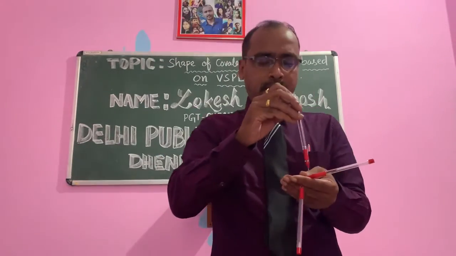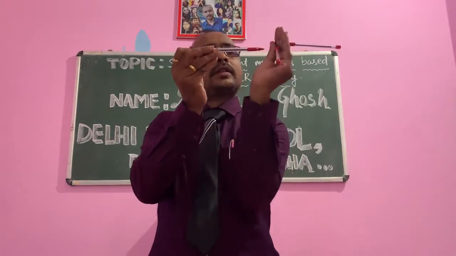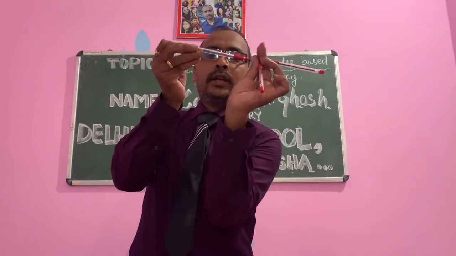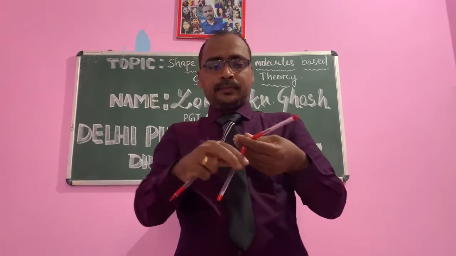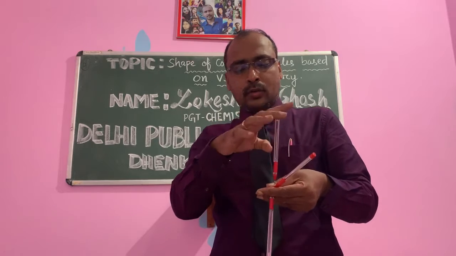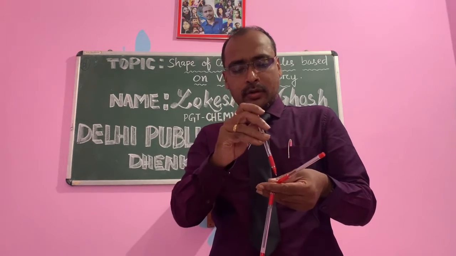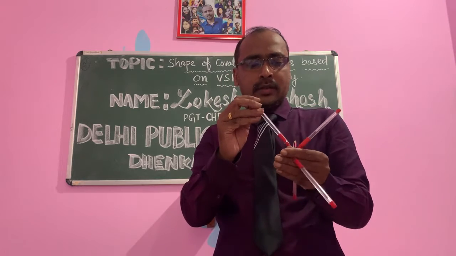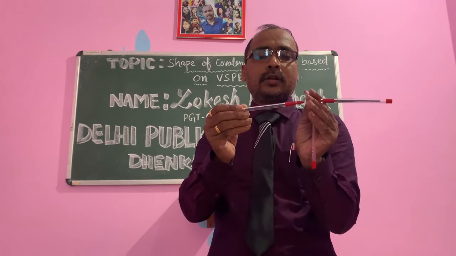There is one lone pair present. You see the shape, that is seesaw. These are two axial bonds and equatorial bonds, and there is one lone pair, so there is some bend inward.